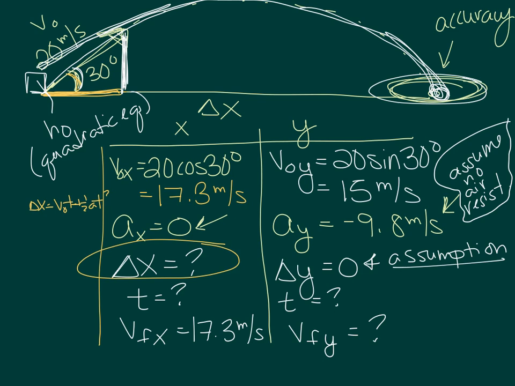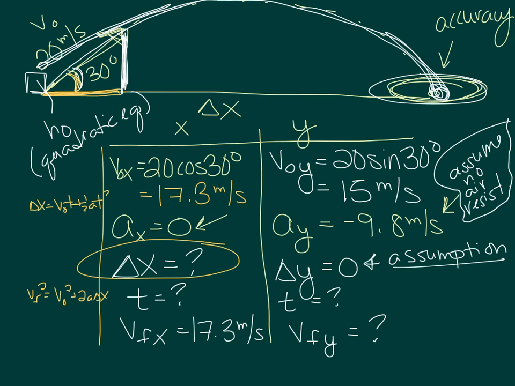Delta x equals v naught t plus 1/2 at squared. And v final squared equals v naught squared plus 2a delta x.